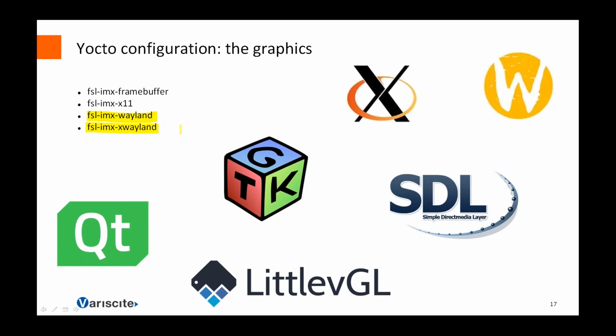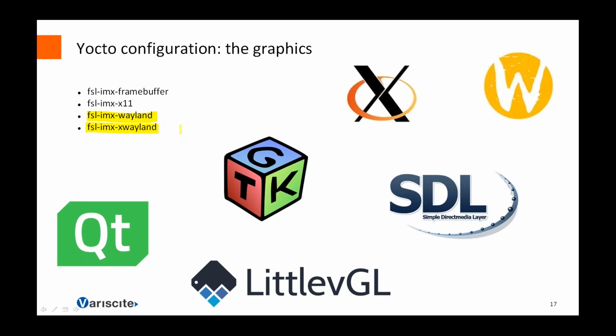To keep compatibility with previously developed applications written for X, XWayland is a kind of X emulation in Wayland. You will not have access to graphical acceleration because it is not available for X, but you will still be able to run X applications.